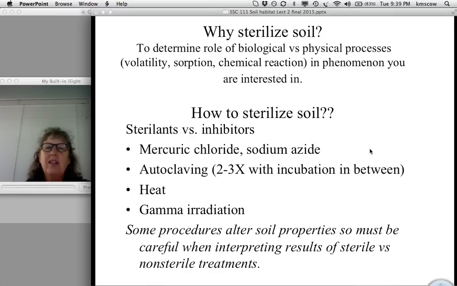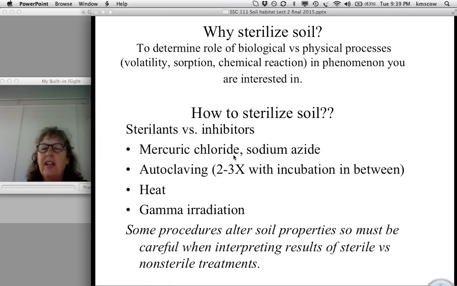And some of the ways that we sterilize soil, and none of them are perfect, all of them are bad because they affect the soil in different ways. But here's what we have. There can be sterilants that completely sterilize the soil, and there can be inhibitors that just knock back activity in soil. And you see both of these in studies like this.